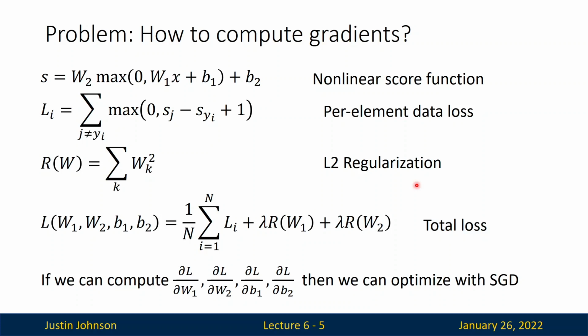So our problem is how to compute gradients for those neural networks. Suppose this is our neural network, and there is a nonlinear score function, and there are also regularization terms. So this is the total loss of the neural network.